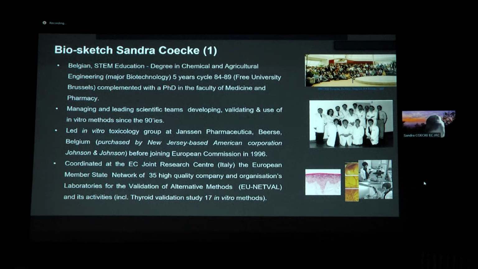They had several in vitro methods to look, for instance, at the formation of micronucleus, etc. And I decided, thanks to Vera, to join this company, who were looking to set up a lab of in vitro toxicology. On this black and white photo, you see my team there at Janssen Pharmaceutica.